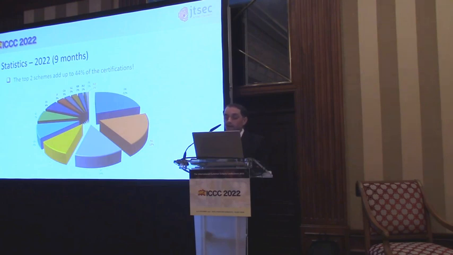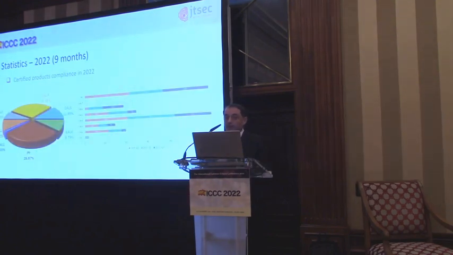And other countries that follow are Germany, US, Sweden, with some distance from the top 3. Spain is in the 7th position. We are happy about this statistic because it has surpassed other countries that traditionally were more prominent in the CC certification industry. And we can see the rest of the countries in order as we show in the previous graph.